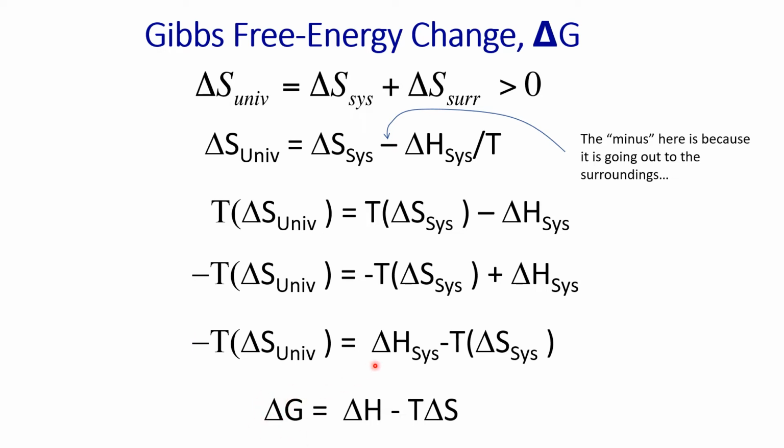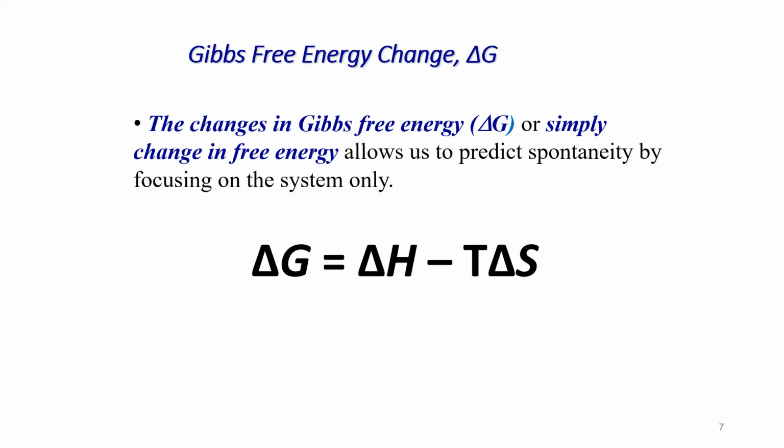So the delta G is the delta H right there. Subtract, because we're looking at it from the opposite direction now, subtract T times the delta S of the reaction. We're going to use that to look at the delta G of a reaction.